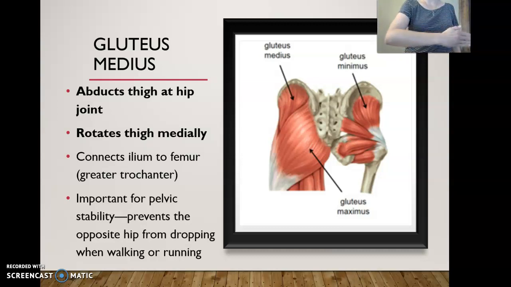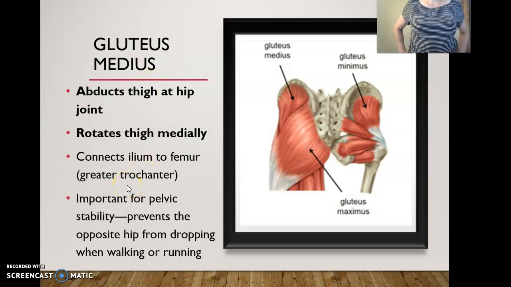So you're going to bring your knee in. If you bring one leg up and then bring your knee in, your gluteus medius is being activated. And as we know, it is at the buttocks, and it is a medium-sized muscle.